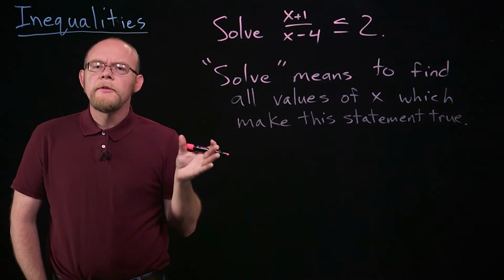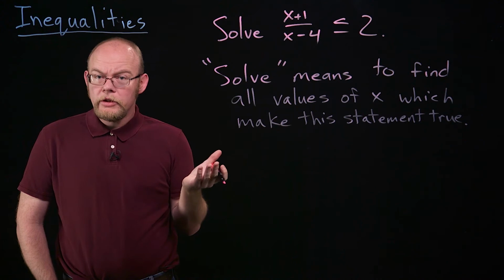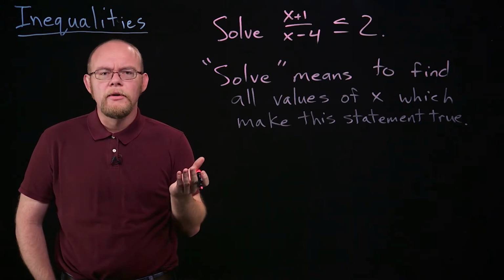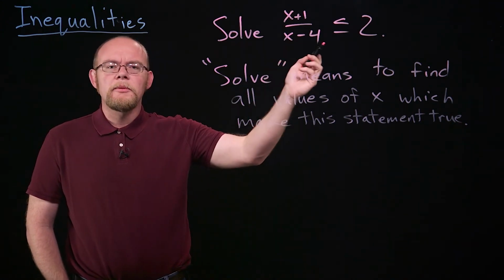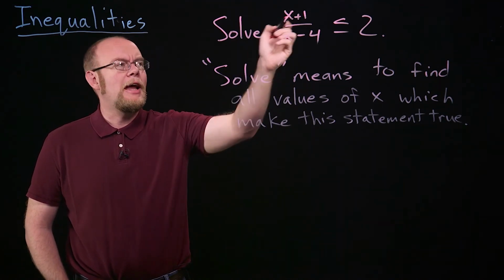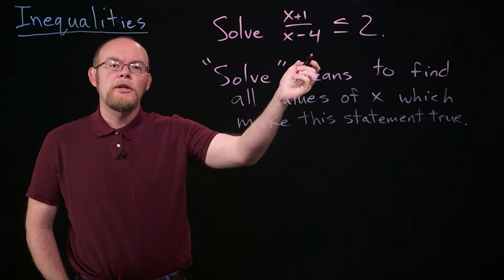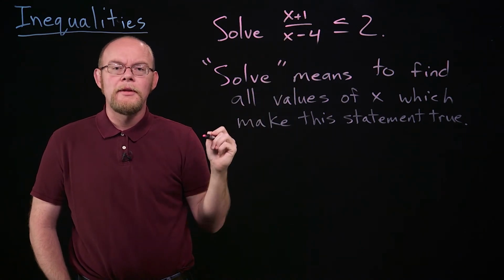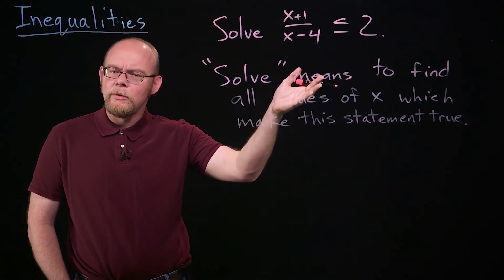All right? So whenever you're asked to solve something like an equation or an inequality or anything of that sort, what it means is that in this expression we have x, and it's compiled in a somewhat complicated way. We have to add 1 to it, and then we also have to subtract 4 from it. We have to take the ratio of that, and then we're asking, is that less than or equal to 2?